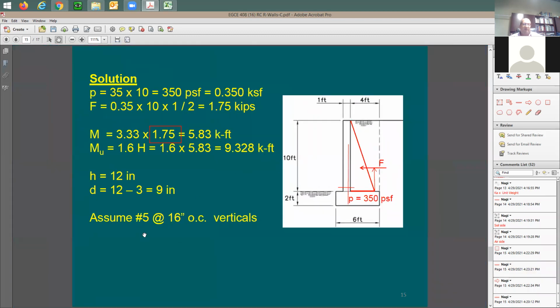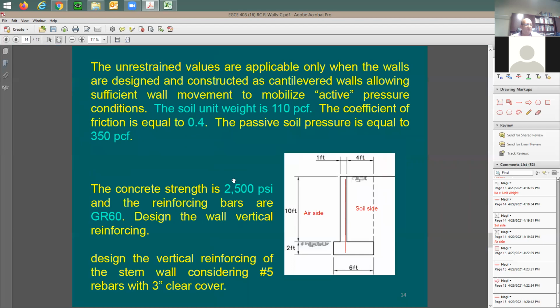I'm going to try here number 5 at 16. If you guys remember, we said that your maximum is going to be 18 inches, but usually we would like to keep it max to be 16 inches. So we said number 5 at 16. Why number 5? Because in the problem itself, it says use number 5 rebars. That was assigned to me, so I cannot change it.